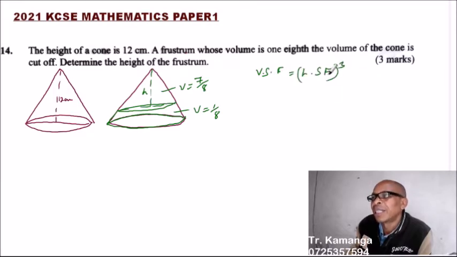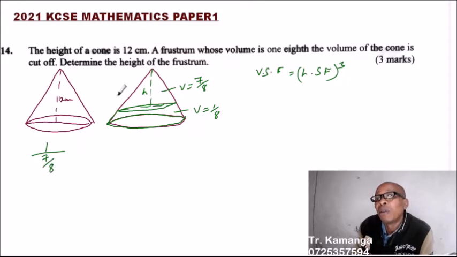You learned that. Let's say the volume of the full cone is 1. You divide by the volume of the small cone, which is 7/8 of it, and that is the same as the height of the big cone, 12, divided by the height of the small cone.